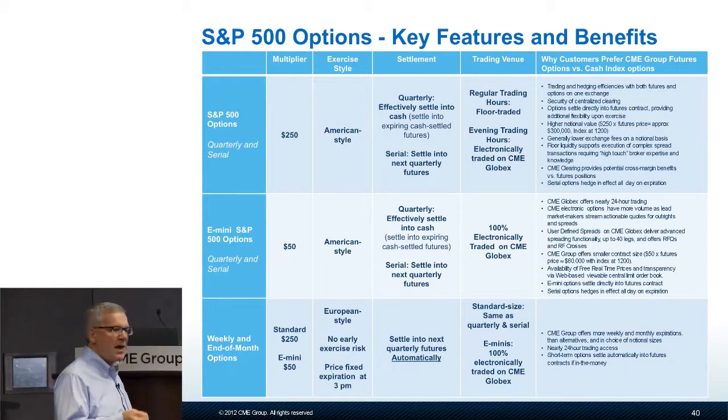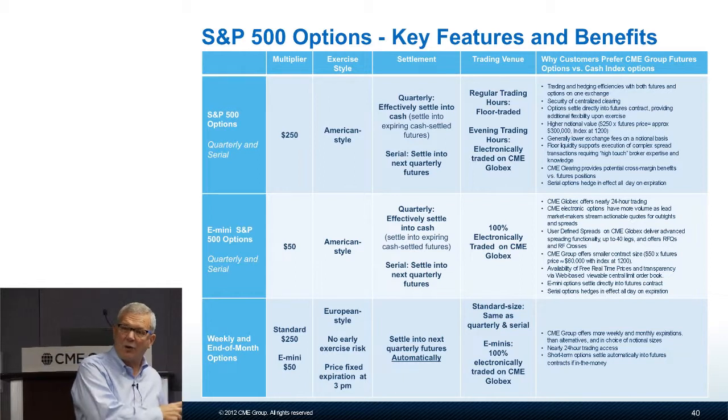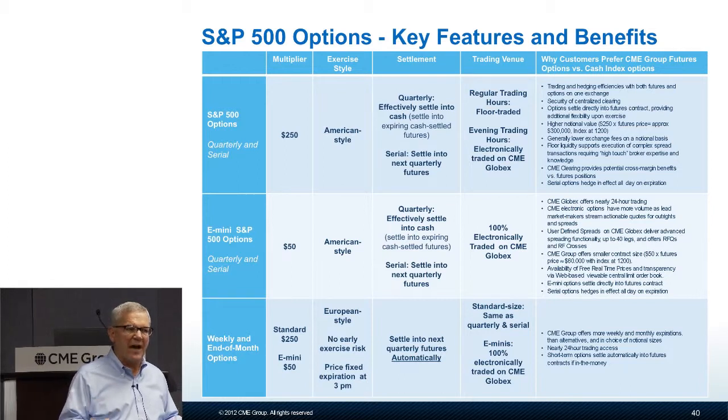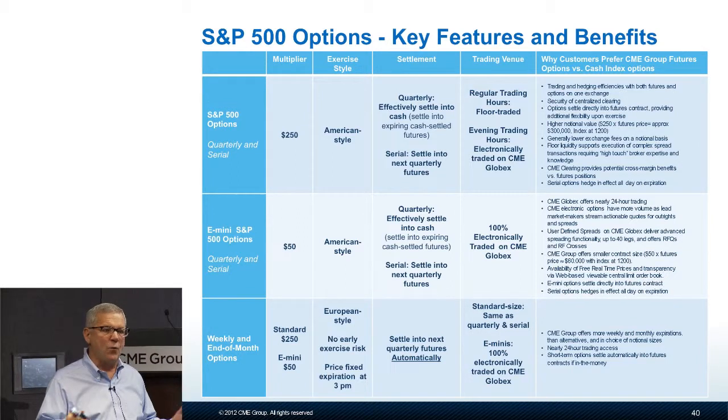So what we've done with these is we maybe made a better product with the weeklies and the month ends. They now comprise about 20 to 25% of our volume on a daily basis. Last Friday, expiration Friday for the weekly, they made up about 34% of our volume. And what we've done is change the settlement mechanism.